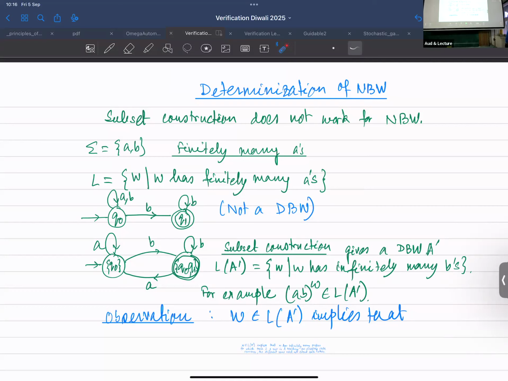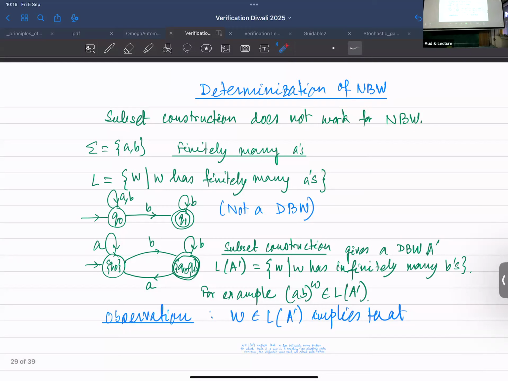It's written here: finitely many A's. If you consider infinitely many A's, we saw that you can have a DBW, whereas if you consider finitely many A's, we don't have a DBW. Today we are going to prove that formally.